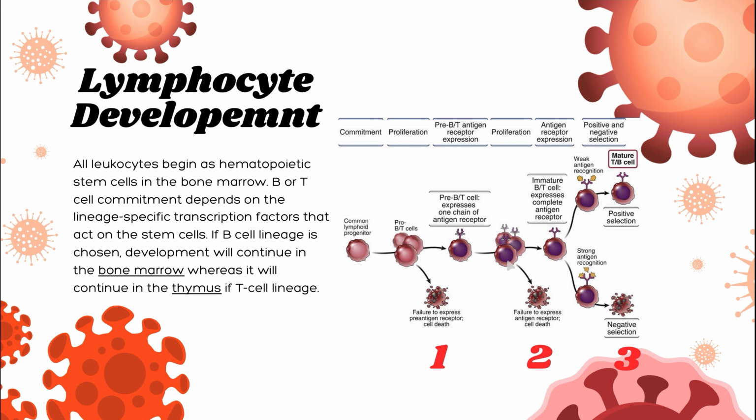Lymphocyte development. All leukocytes begin with hematopoietic stem cells in the bone marrow. Different signals will activate different lineage-specific transcription factors that determine if the lymphoid progenitors will continue maturation in the bone marrow to become B lymphocytes or migrate to the thymus to mature into T lymphocytes, both having to go through a series of checkpoints along the maturation process. These checkpoints are where T and B lymphocytes will undergo positive and negative selection.